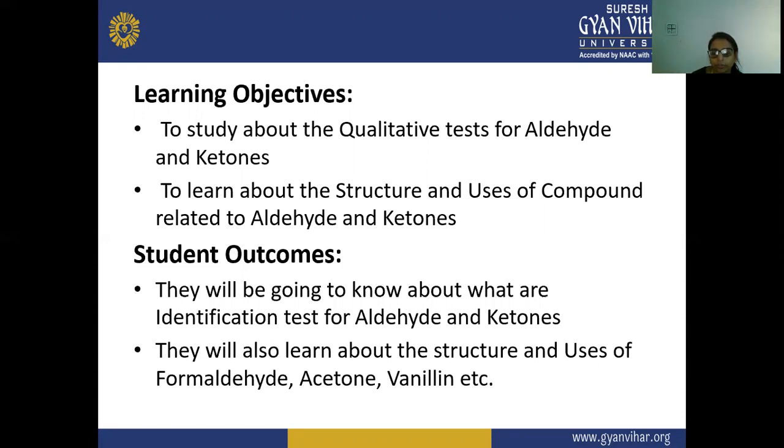These identification methods are very useful. They will also learn about the structure and uses of formaldehyde, acetone, benzaldehyde, and other compounds containing the functional groups occurring in aldehydes and ketones.